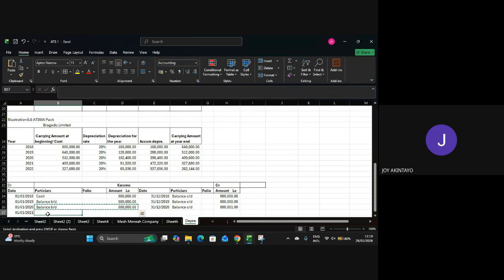Your own is just to be carrying the 800,000 naira from year to year. Are we together? Your own is just to be carrying it year in, year out. 2021.